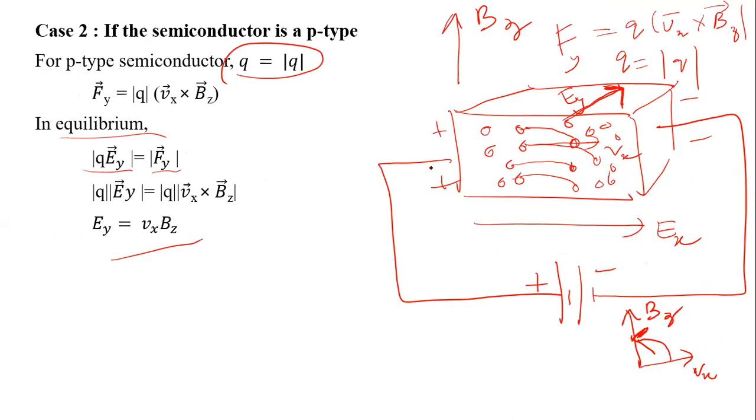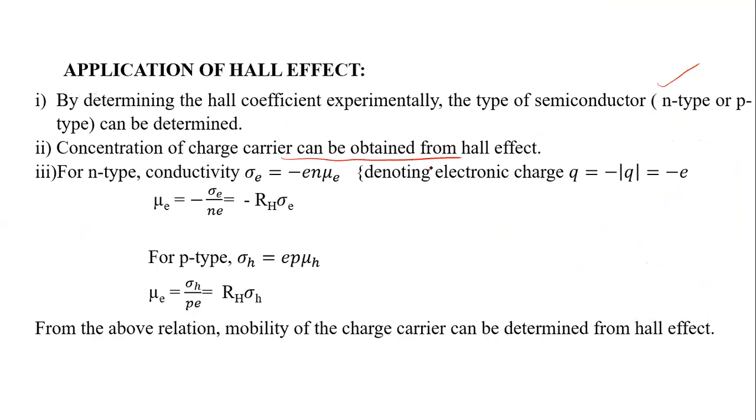All right. Now we also define that for n-type, the conductivity is given by this. Right. And so therefore mobility is this. Once you calculate the conductivity and you measure the Hall coefficient, then you get your mobility.